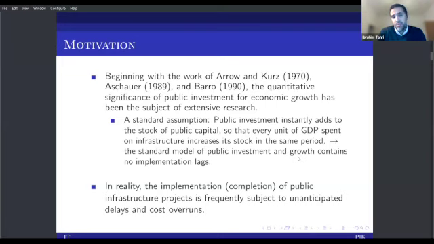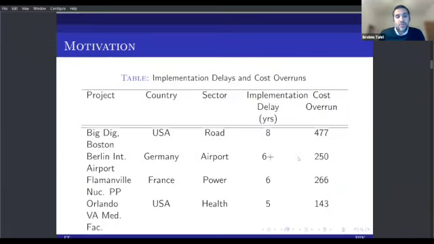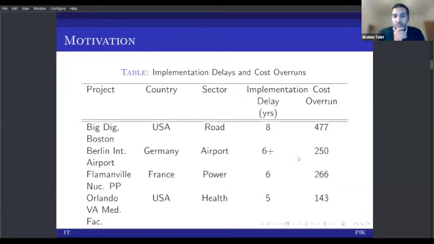So there are no real implementation lags in these models, but in reality, as probably most of you know, implementation and completion of public infrastructure is frequently subject to unanticipated delays and cost overruns. Just to give you a simple example, I'm sure you have already heard of some of the famous projects that took way longer than expected.